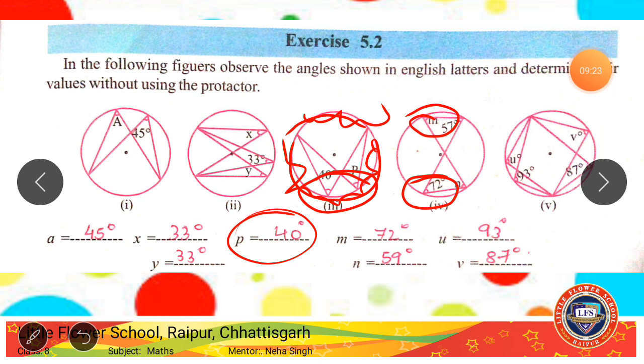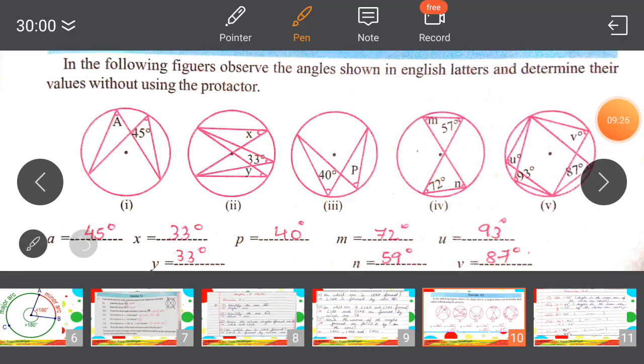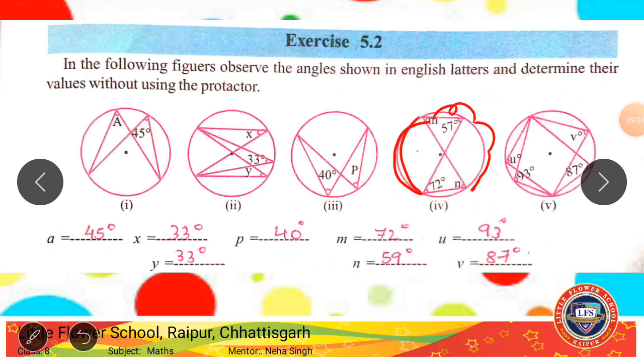And similarly, see, this is one arc and this is another arc. M and 72 are in the same arc, so M will also be 72. Now when we are seeing for N, this is one arc, this is another arc, 57 and N are on the same arc, so this will also be 57 degrees.